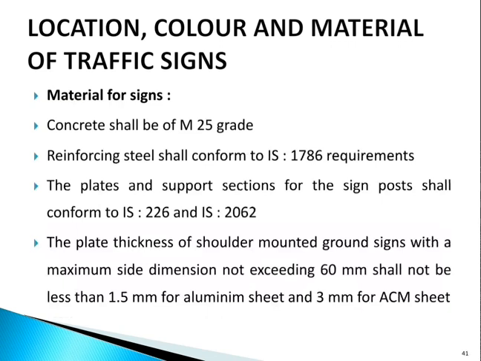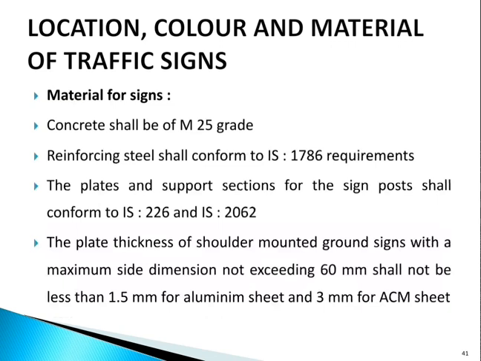And the last one is material for signs. Concrete shall be of M25 grade. Reinforcing steel shall conform to IS 1786 requirements. The plates and support section for the sign post shall conform to IS 226 and IS 2062.